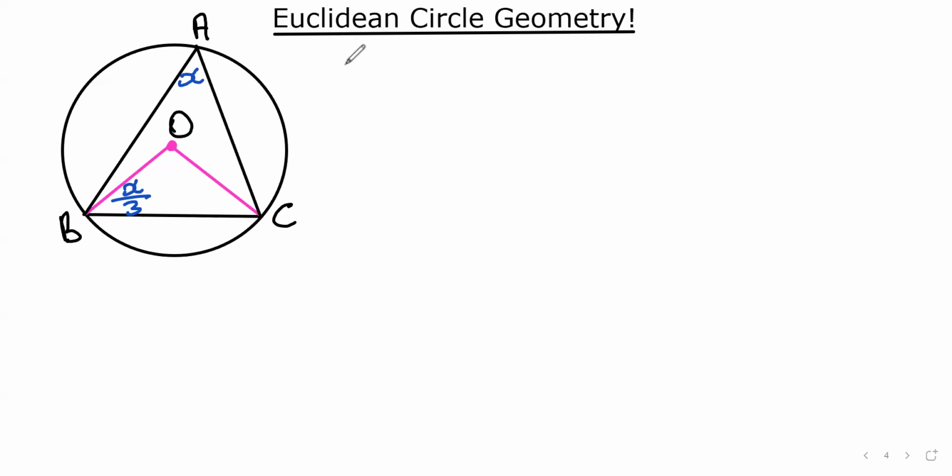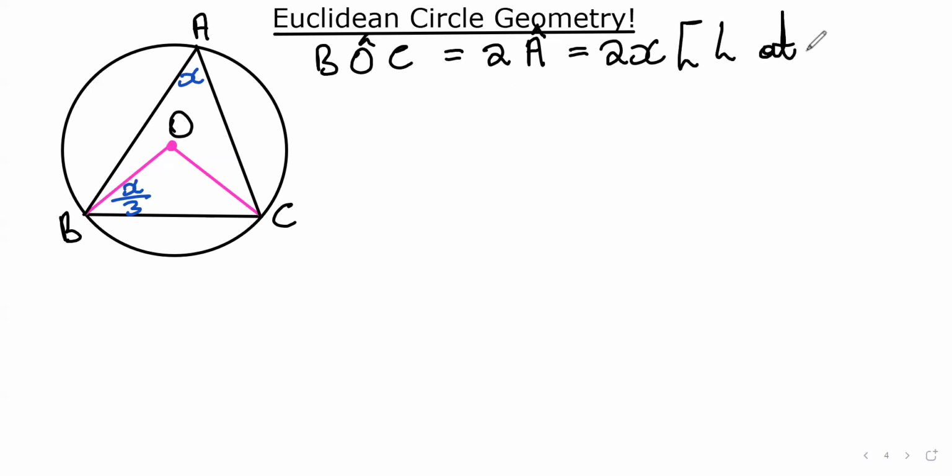In other words, we'll begin by saying angle BOC is twice as much as angle A, which I can say is now 2x, because the angle at the center, of course, is twice that at the circumference. So now we know that this one is 2x.